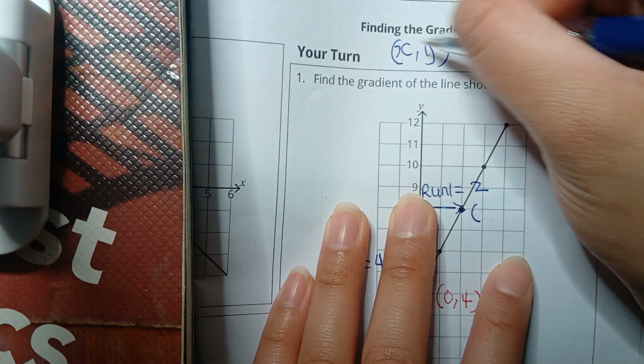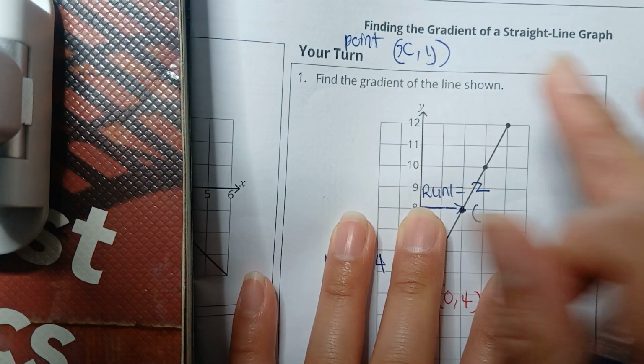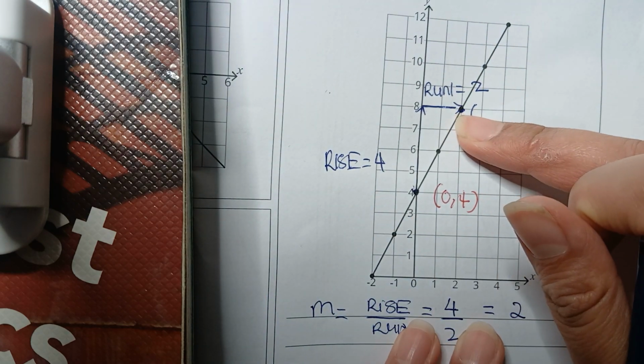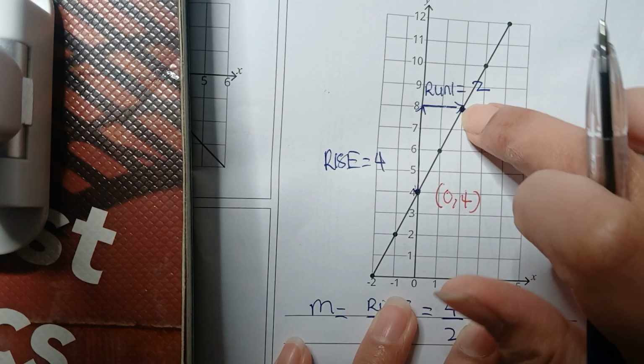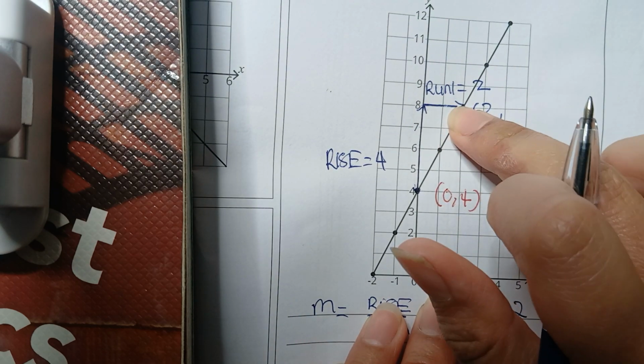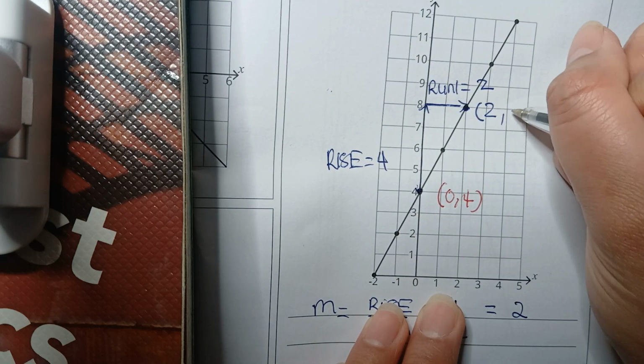It shows a point. Any point on a graph will be shown this way. If I pick this point, can you read for me what it is? Looking down, the x value is 2. Looking across, the y value is 8.